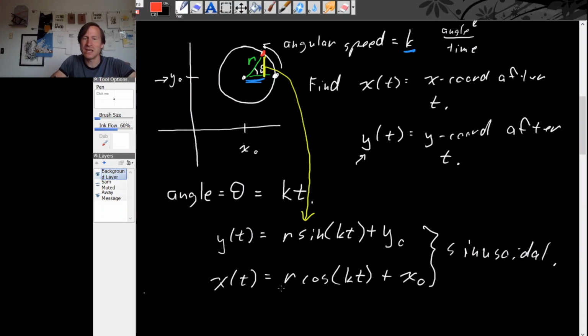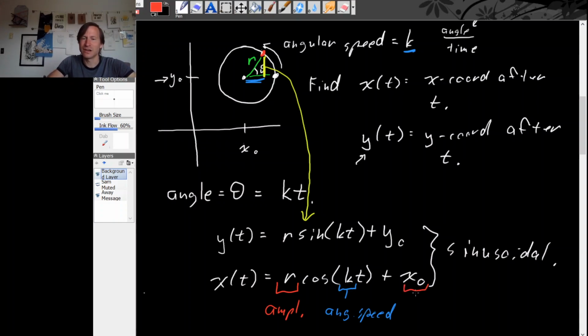So in circular motion, the radius of the circle is the amplitude. This k value is just the angular speed of the motion around the circle.